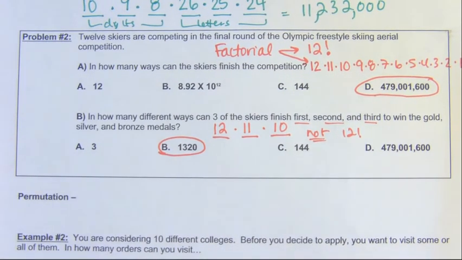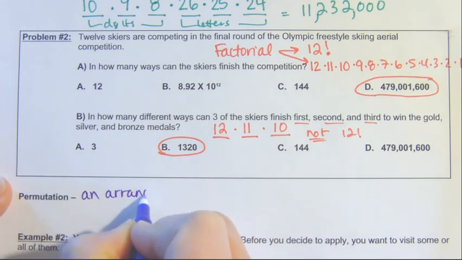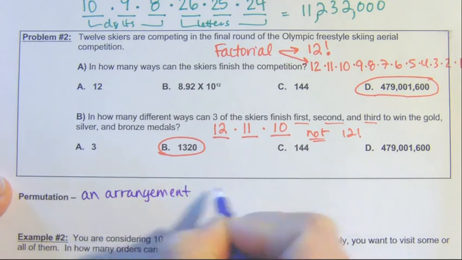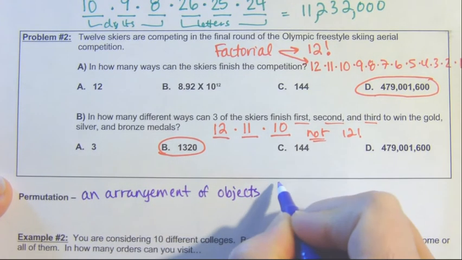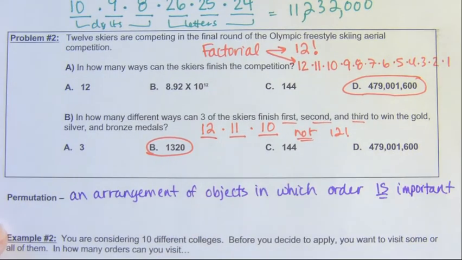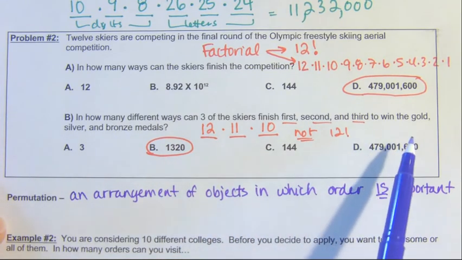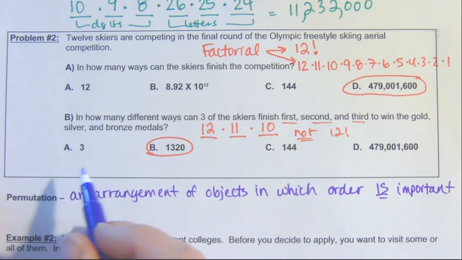So a permutation is an arrangement of objects in which the order is important. All right, so an arrangement of objects in which the order is important. So obviously gold is different than silver or bronze. So this is called a permutation.